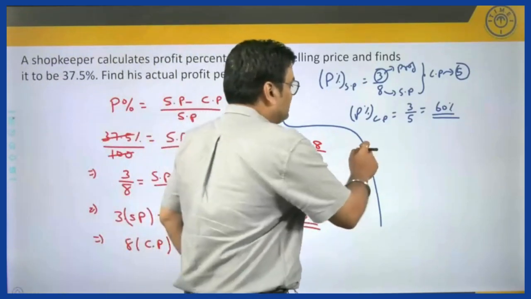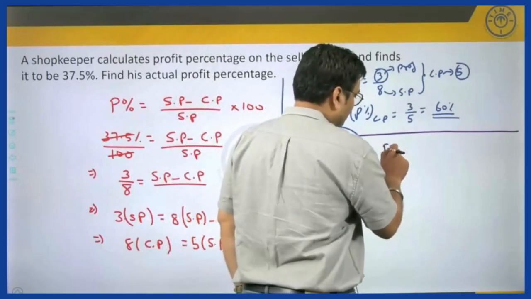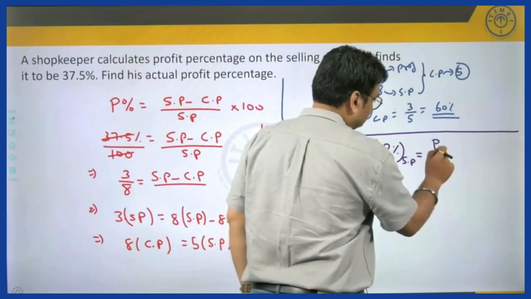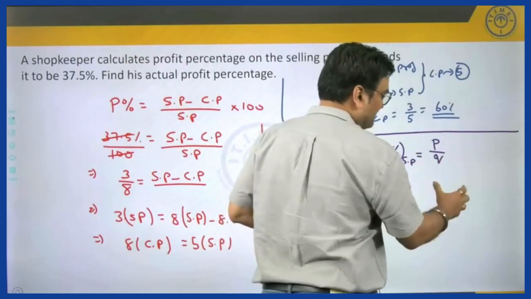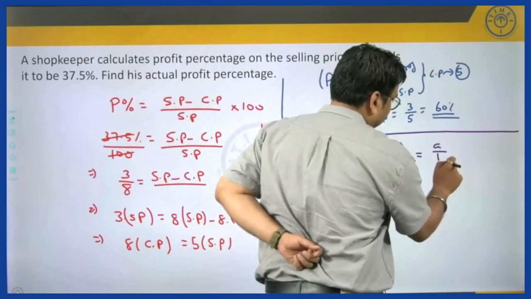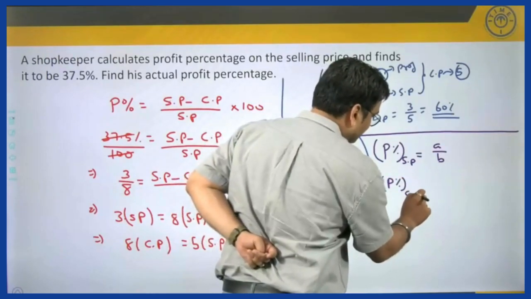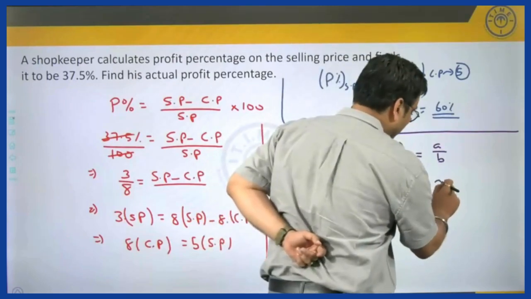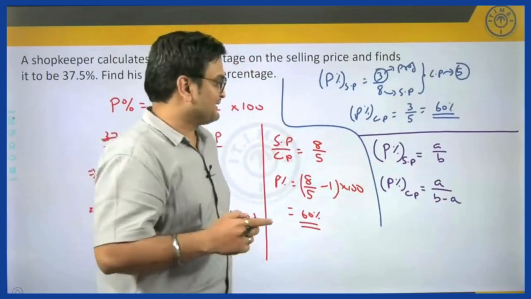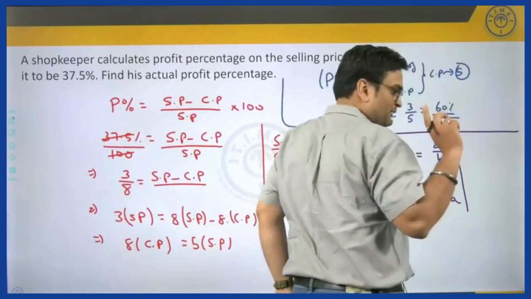Okay. There is a third approach also, the formula approach. The formula approach goes like this. If profit percentage on SP is given to be some A by B, then your profit percentage on CP is directly obtained as A upon B minus A. This kind of formula we have seen in one of the previous videos also, when we were talking about percentage change.